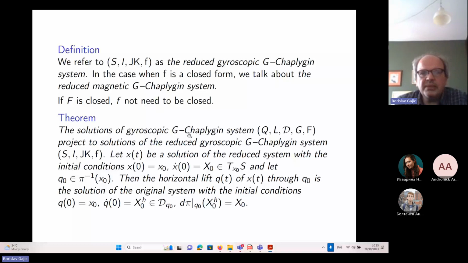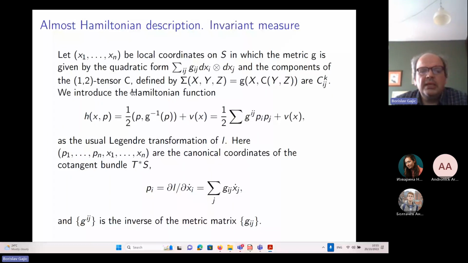Okay, so we know that in the case of non-holonomic systems, they are not Hamiltonian. Now let us suppose that on this S, projected on the reduced space, we have local coordinates in this metric. Let us define the C with this formula with sigma.